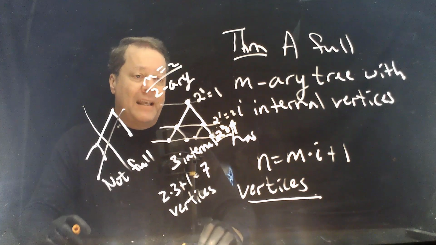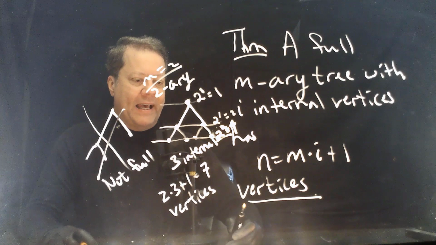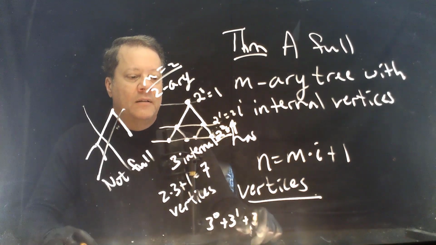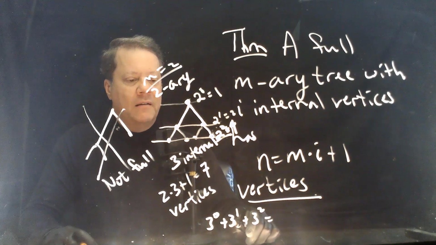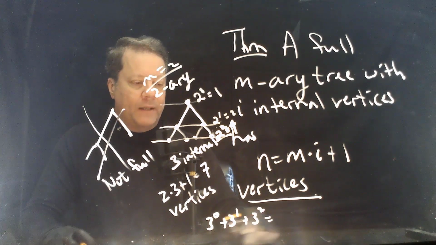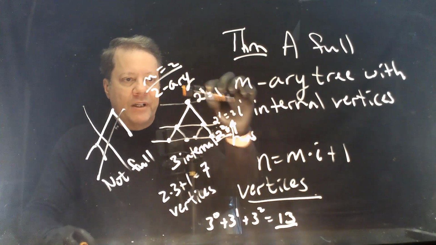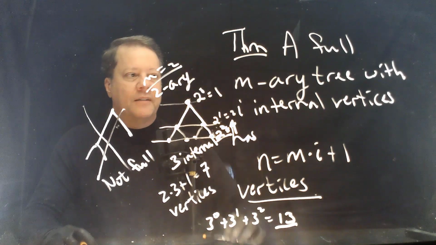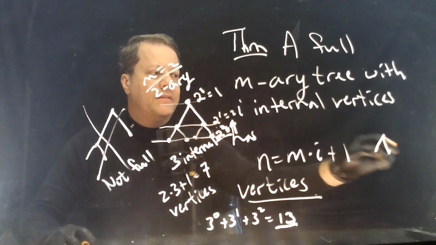If you were with an m-ary tree, it would be 3 to powers that you would be adding up. 3 to the 0, 3 to the 1, 3 to the 2. What would this be? 9 plus 3 is 12 plus 1 is 13. 13 vertices in a three-ary tree with these two layers of internal vertices. You can see that here.